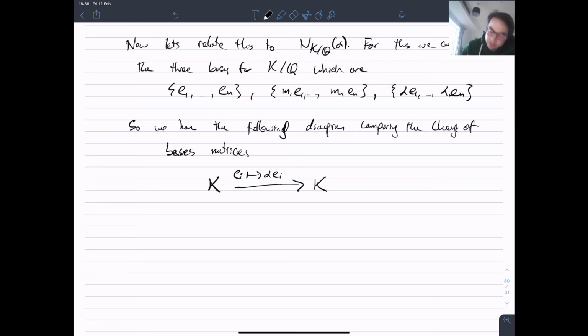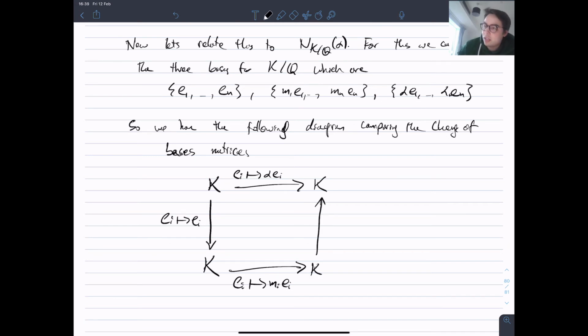This is that change of basis. I have one here from K to K, which does nothing, e_i gets sent to e_i. Now let's do this one: e_i changes to m_i times e_i. This is my other change of basis. And then I have the map between these two, where m_i e_i gets sent to alpha times e_i. So I have this diagram of four maps representing these change of bases.